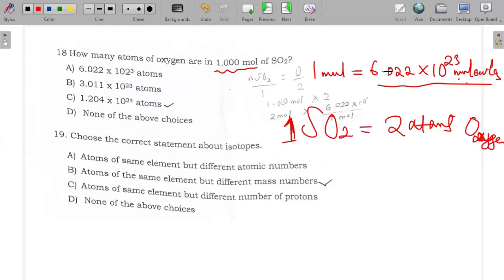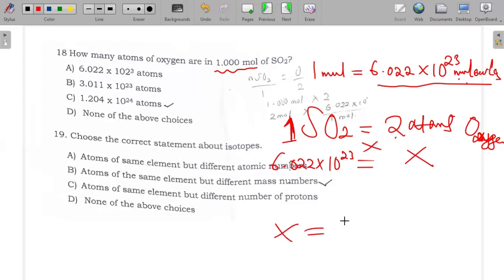So I'll get a cross product here. What if I have 6.022 times 10 to the power 23 molecules of this sulfur dioxide? How many atoms of oxygen am I going to have? You cross multiply, it will just be x equals 2 multiplied by this.